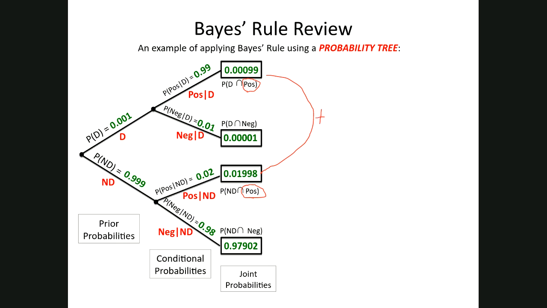Adding these together gives us the probability that a test given to anyone who comes through the door is going to be positive. This gets us part of the way there. And if you add those 2 together, this is going to be 0.02097. That's the chance that there's a positive test.